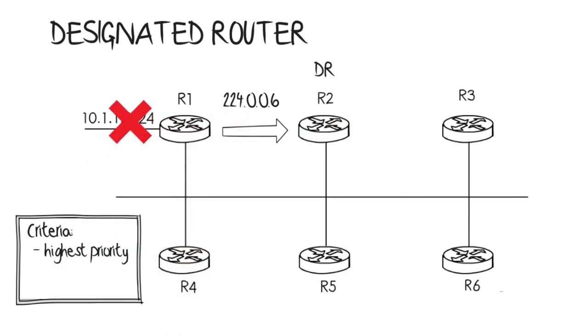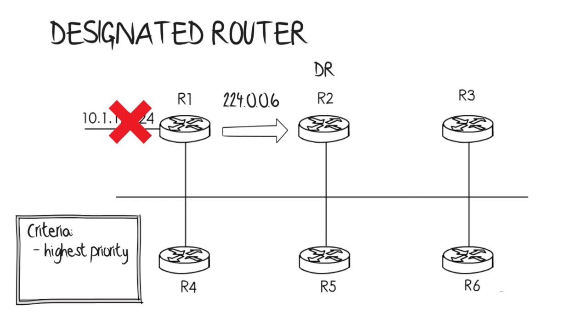So in this example, we've elected R2 as the designated router, and let's assume again that this network goes down. But what happens now is R1 sends an update only to the designated routers. Designated routers are listening on this multicast address 224.0.0.6. Other routers are not listening to that multicast address, so from an OSPF point of view, they do not receive or see that update. Only the designated router receives that multicast update.